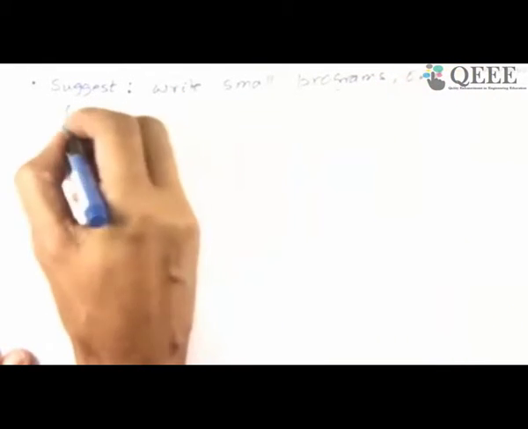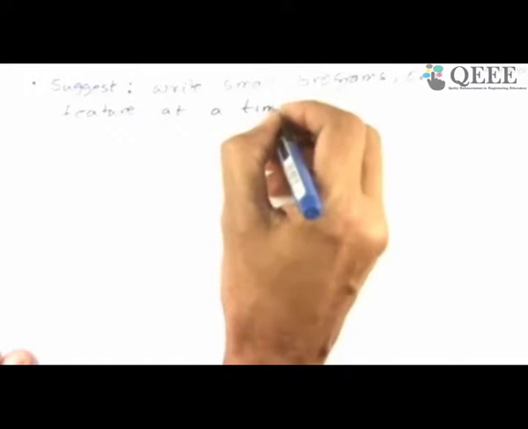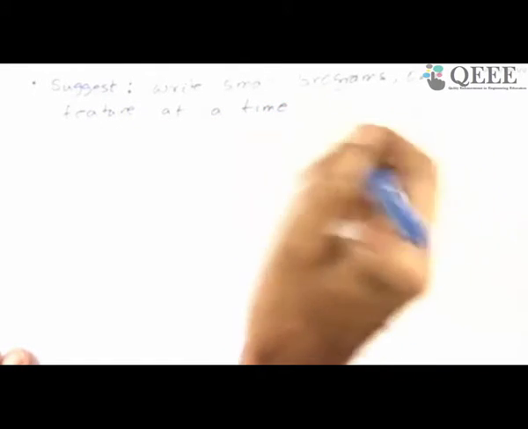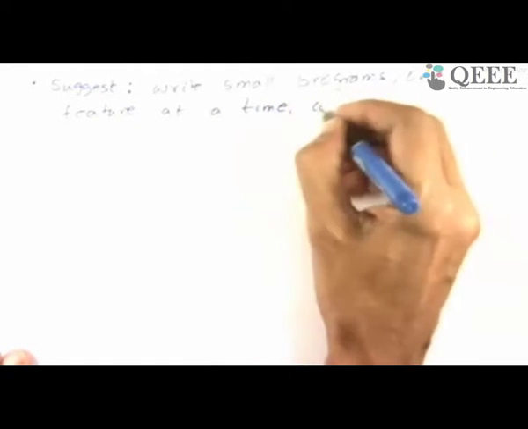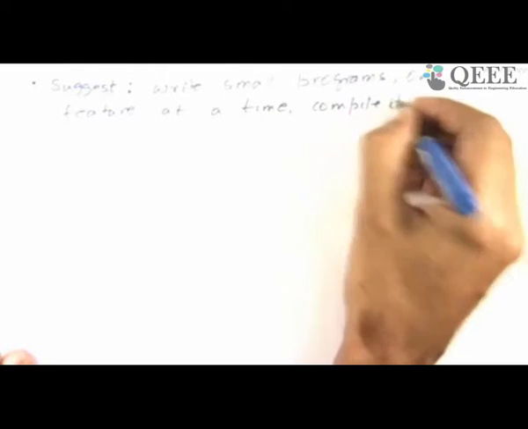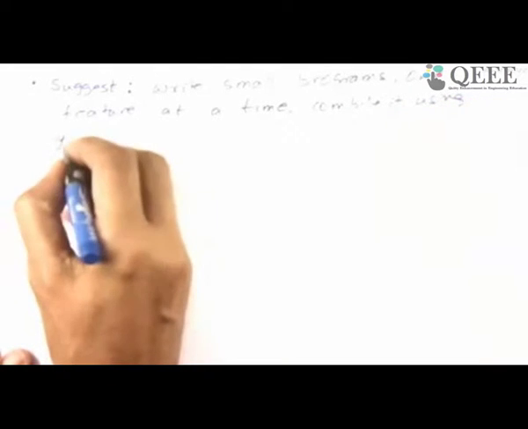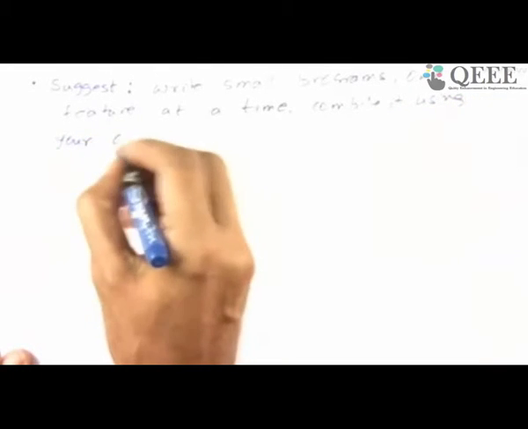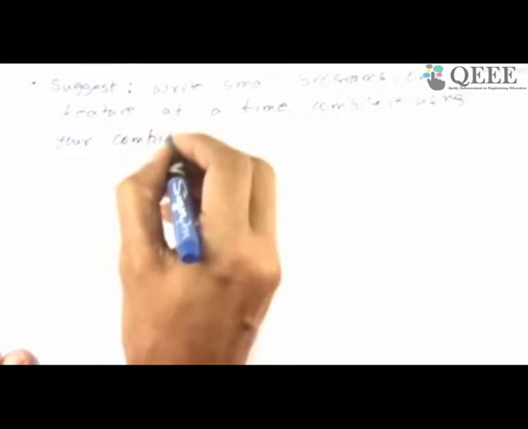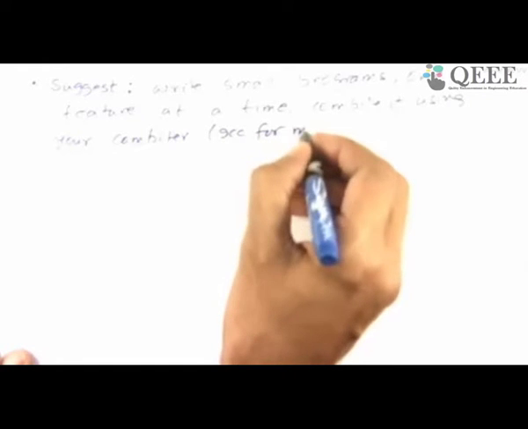One feature at a time, maybe one control structure at a time. Write small programs, one feature at a time. Compile them using your compiler. I prefer GCC because it gives me much better control. Find out whether you can do a similar thing. So it is GCC for me if I'm using C.